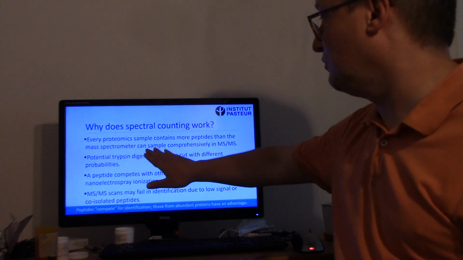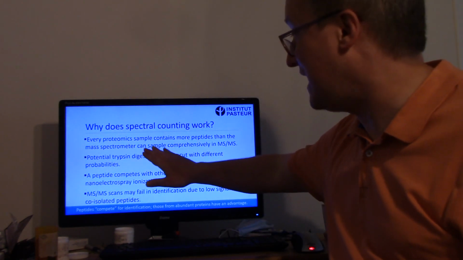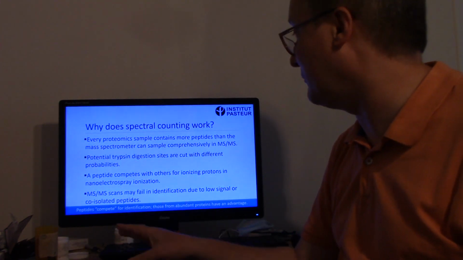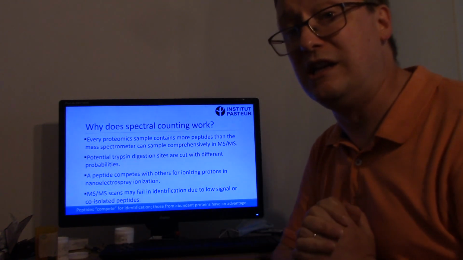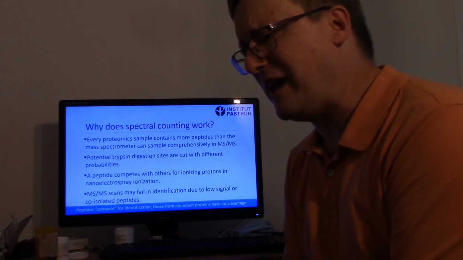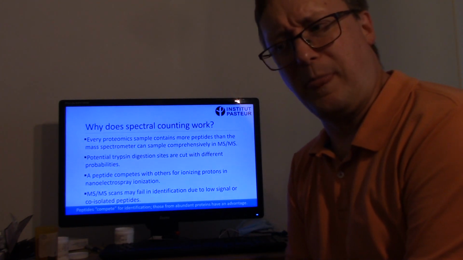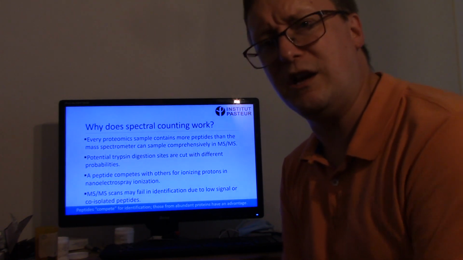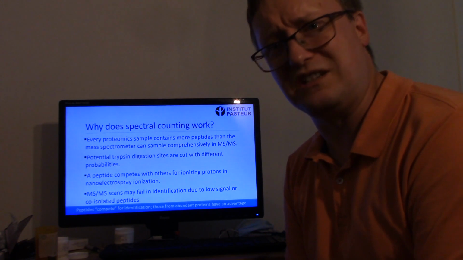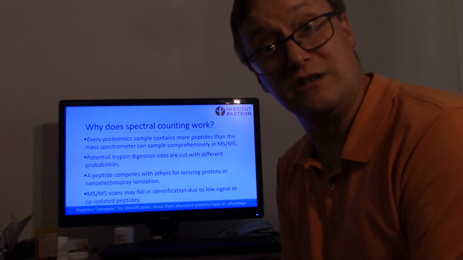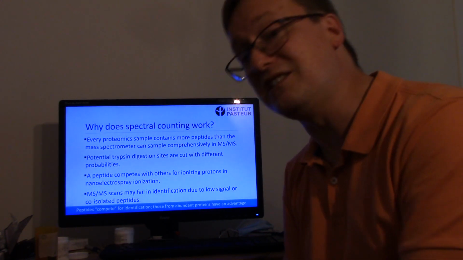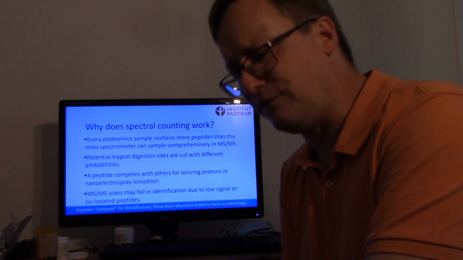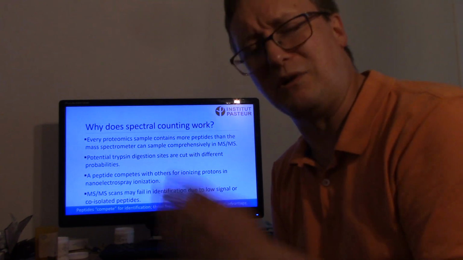So let's start with this basic principle: every proteomic sample contains far more peptides than the mass spectrometer can sample comprehensively in tandem mass spectra. That might seem a little counterintuitive. If you run a single protein that's been digested in a tandem mass spectrometer, aren't you going to see the same peptides every time? The answer is no, you're not. This is a surprising feature for a lot of people because they assume that there is such a thing as a defined mixture of peptides derived from proteolysis.